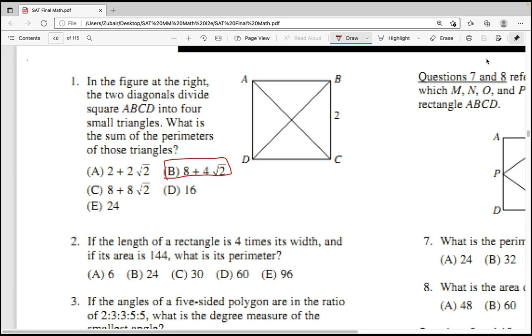Mohammed, meanwhile, you've done it. There was a student who always had his answer correct, but he somehow failed to explain how he reached the answer. And then I realized that I shared the sheets before class. Do you want me to explain how I got 8 plus 4 root 2? No, that's incorrect. You don't need to explain it.